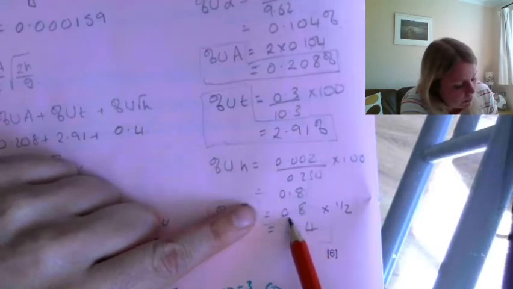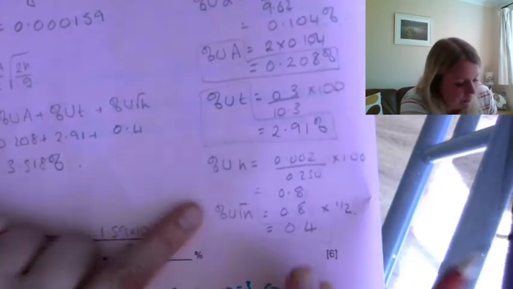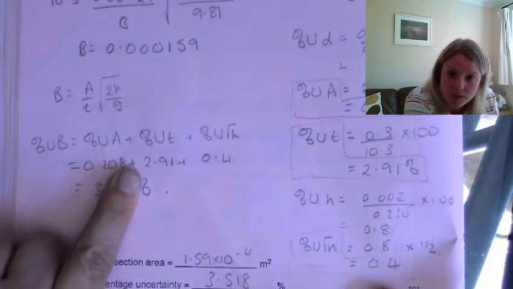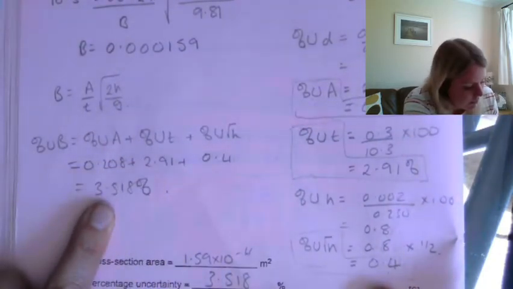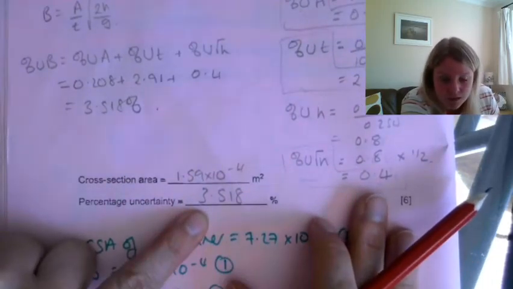So the percentage uncertainty here, 0.8 multiplied by a half, because of that square root, gets me that. So that is where these numbers have come from, which gets me this percentage uncertainty, right? And that's the final answer.